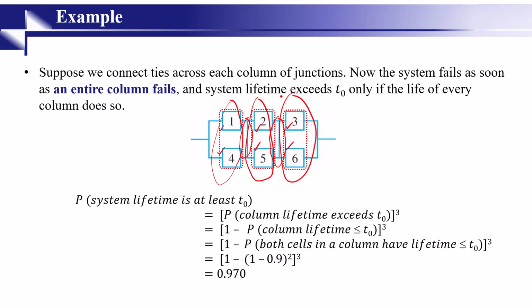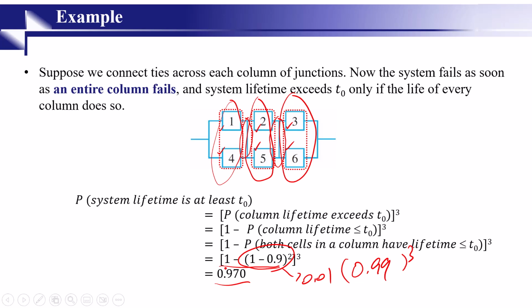A column fails if both cells fail. That is 1 minus 0.9, so (1 minus 0.9) squared, or 0.1 squared.